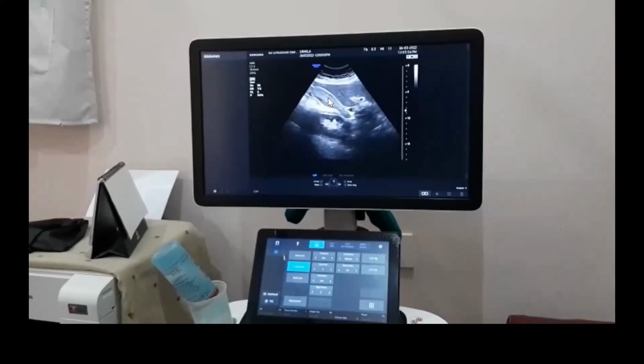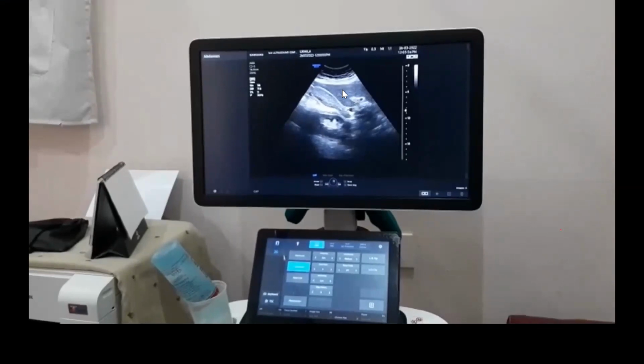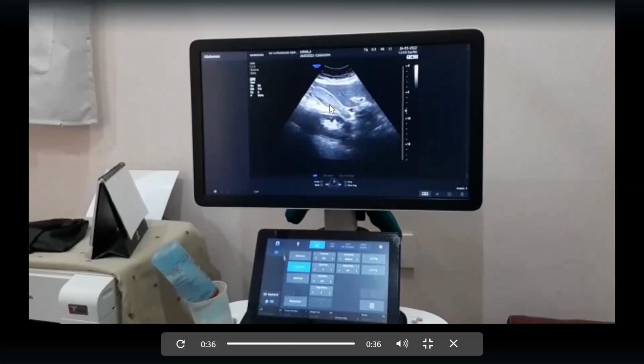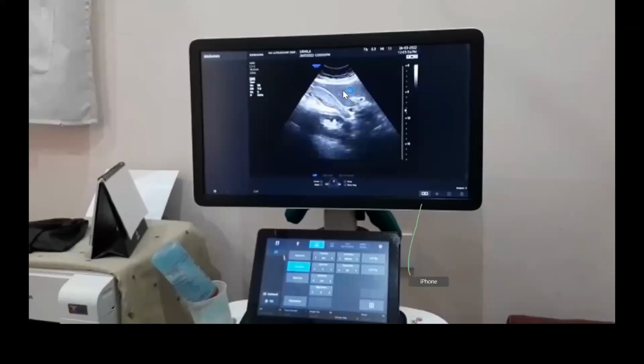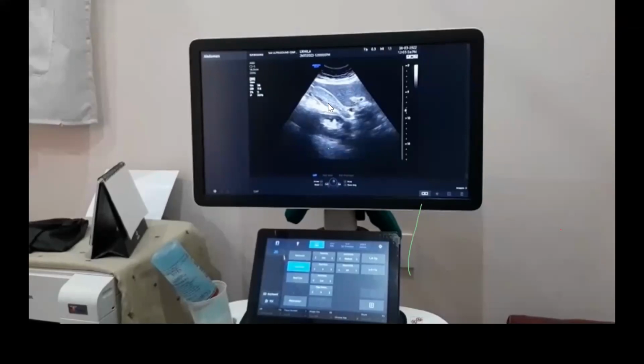Now, please make a note, sometimes this sludge can come at par with the liver echogenicity. I'm repeating. Sometimes the echogenicity of this sludge will come at par with the echogenicity of the liver, and we can label that gallbladder as hepatization of the gallbladder. The gallbladder looks like a liver.